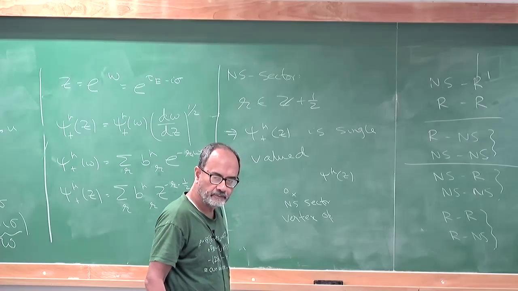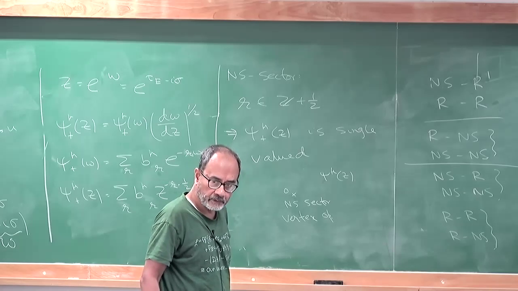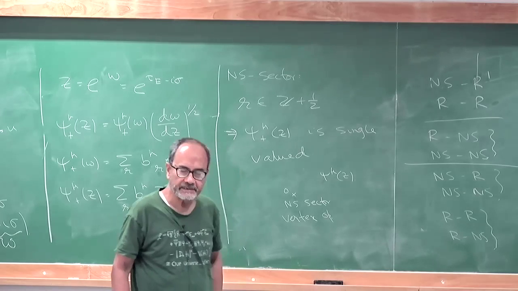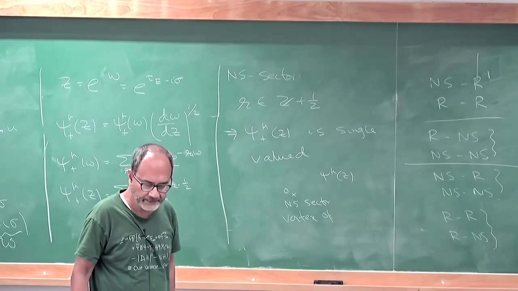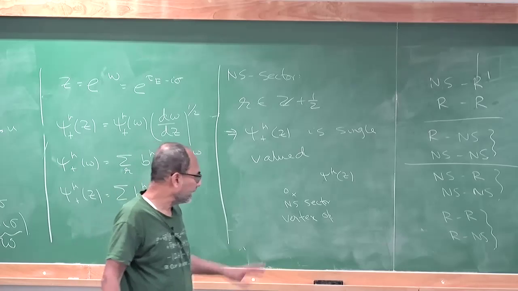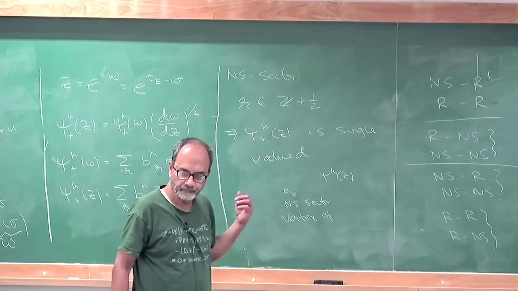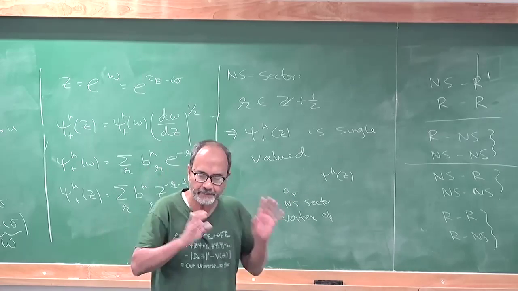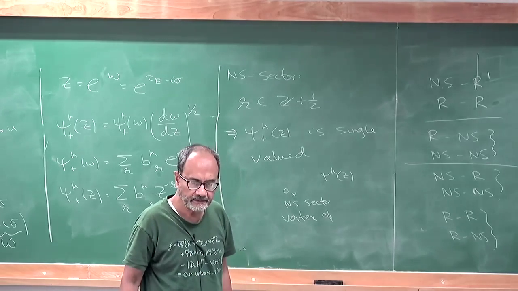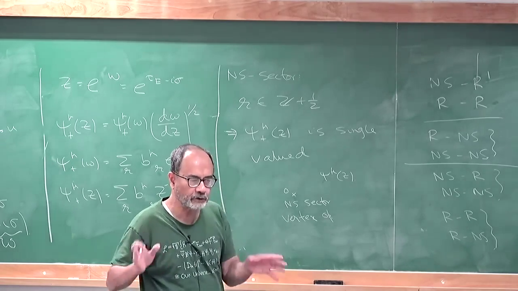I'm just saying that for the SL2R invariant vacuum, psi mu should be single valued. And for an NS sector state, psi mu is single valued. So the SL2R invariant vacuum must be in the NS sector, right?